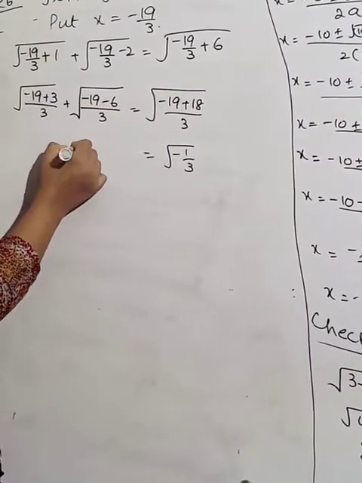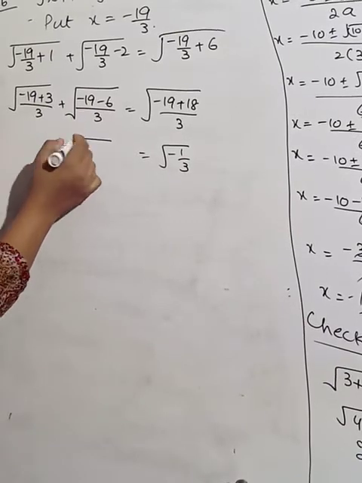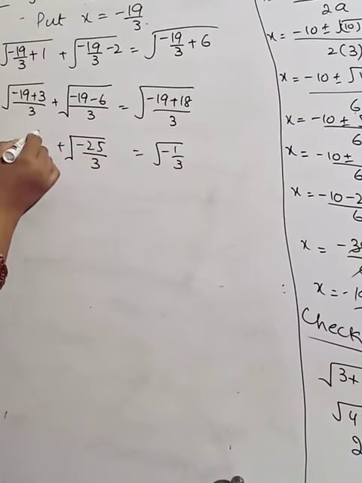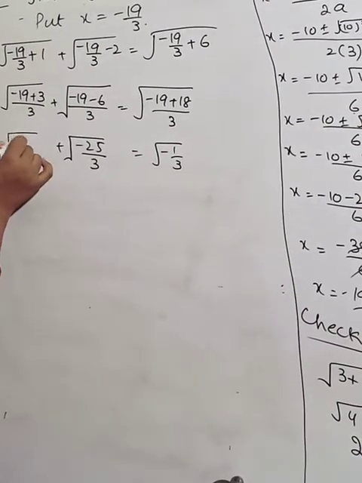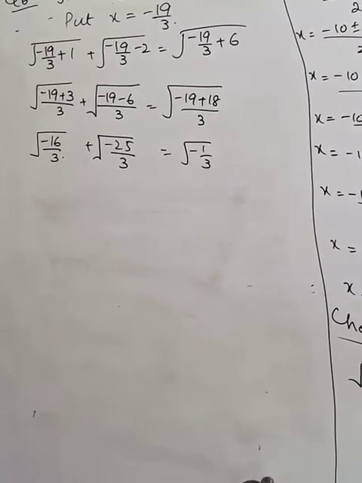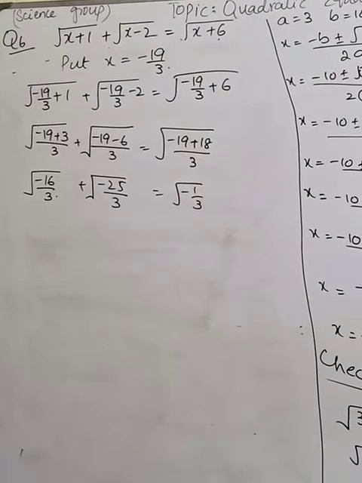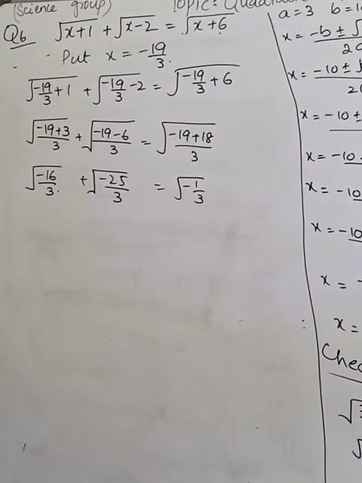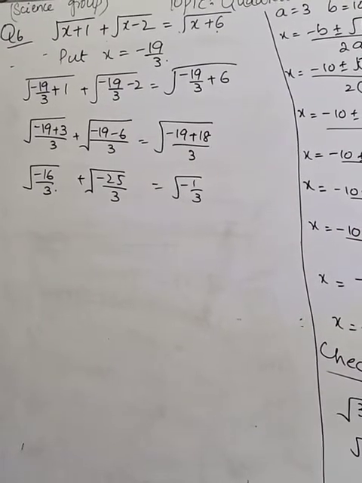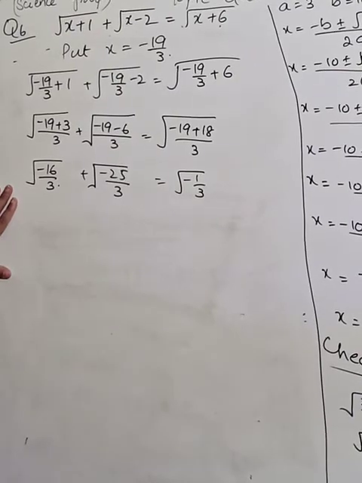Here we have minus 19 minus 6, it's minus 25 divided by 3, and it's minus 16 divided by 3. First thing is that these values cannot make 1/3. Second thing is that square root of minus 1 will become a complex root. It would not be a real root, right?